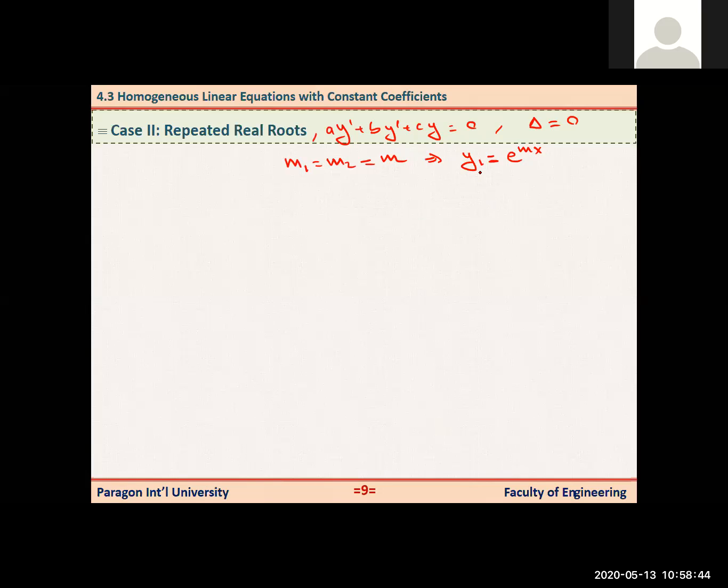Okay, now we need to find the second solution. How do you find the second solution? In the previous section, if you are given one particular solution, we learned how to find the second solution. Now I'm just looking for the second one. Y sub 2 must be something like u of x times e to the power mx.